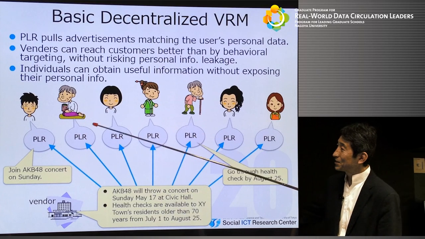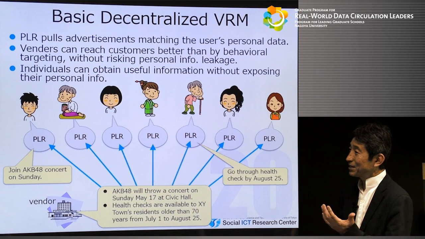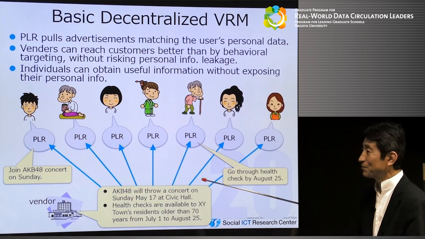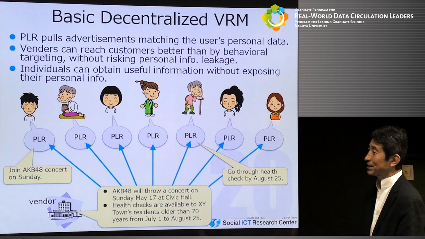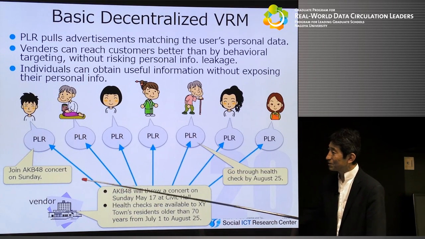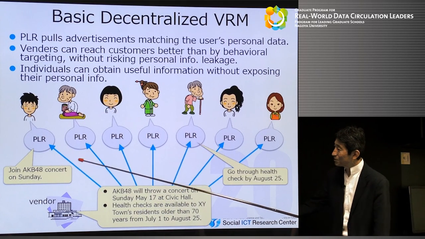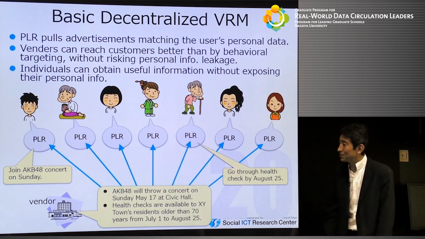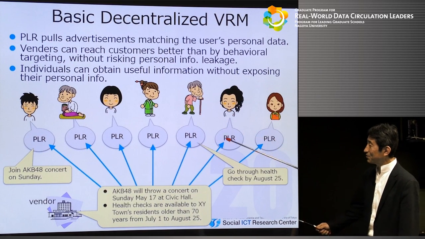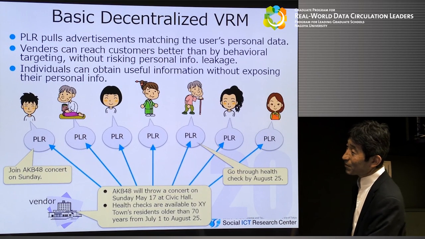So, for instance, this guy would give his personal data to his software agent to search for relevant information from this public data and pull this information from here. So in this case, he would be able to join the AKB48 concert on Sunday. And in his case, it is better for him to go through a health check by August 25.